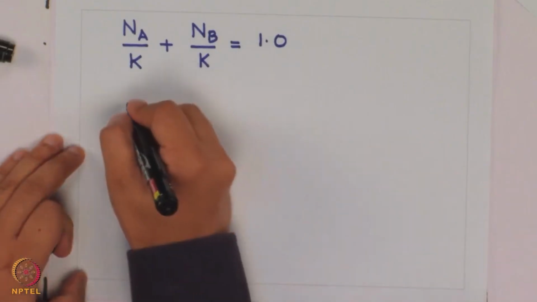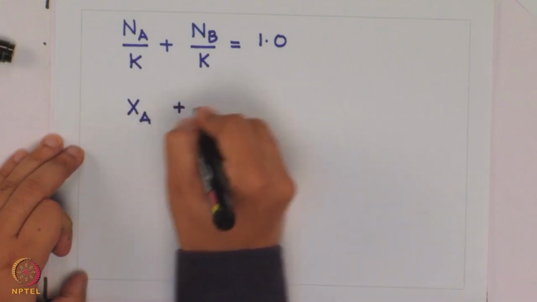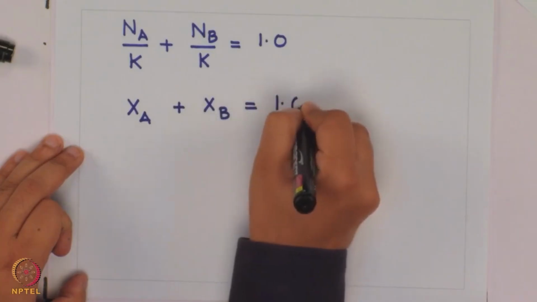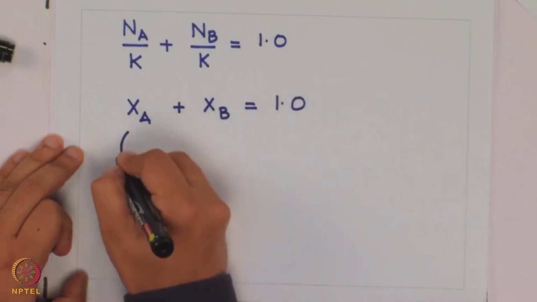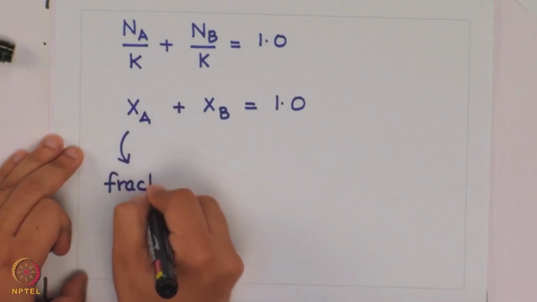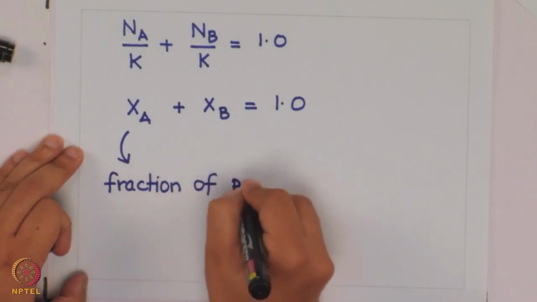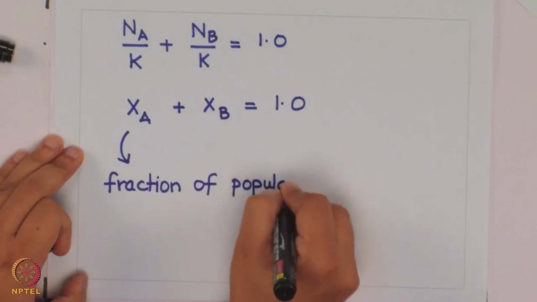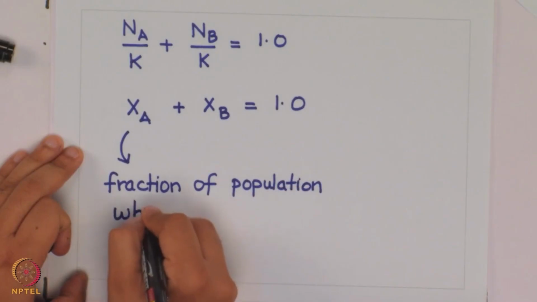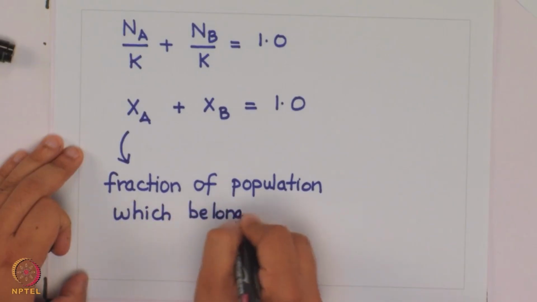I am going to write this as Xa plus Xb equals 1, where Xa represents the fraction of the population which belongs to genotype A.